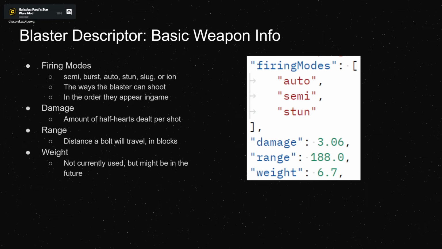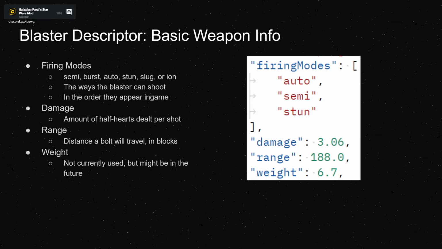There are multiple available firing modes: semi-automatic, burst fire, automatic, stun, which is the blue circles, slug, which is what most slug throwers shoot, like the Tuscan Cycler, or ion, which is what ion weapons like the Jawa ionization blaster fire.